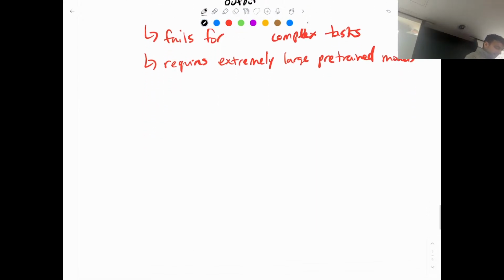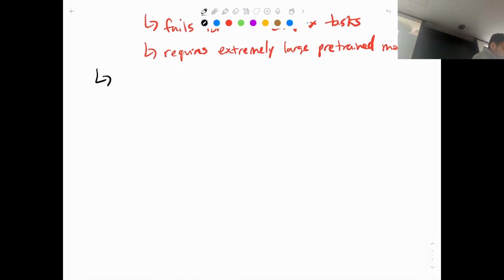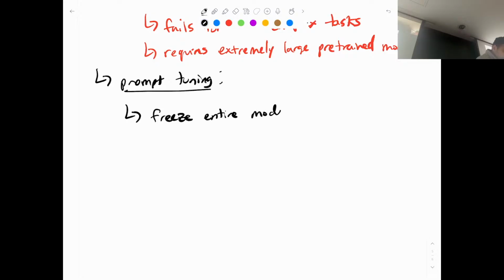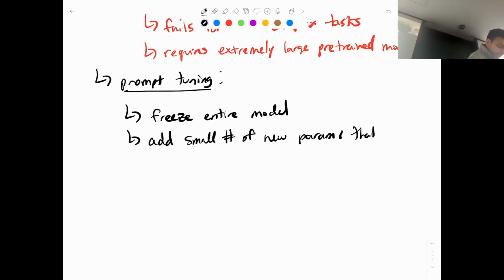So another approach, which requires more training, is called prompt tuning. And this was introduced by Google a few years ago. One of the benefits is that we freeze the entire model, and we add a small number of new parameters that are fine-tuned.